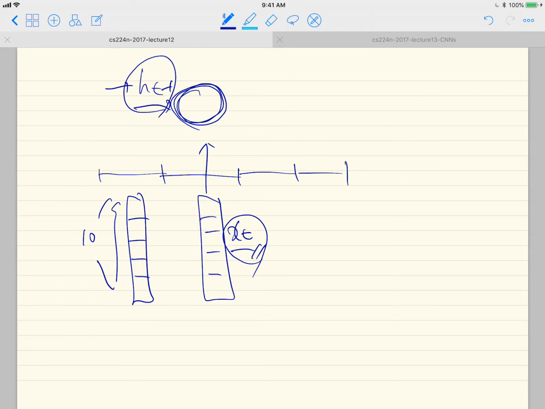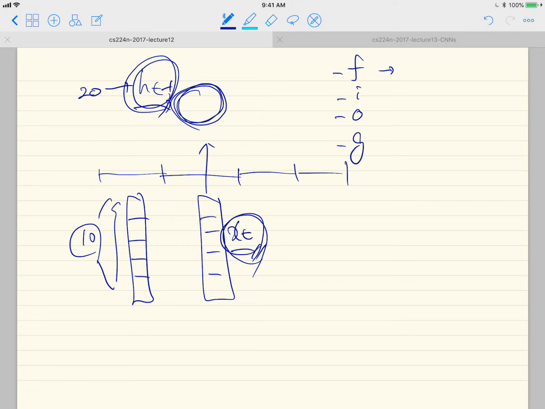Suppose this one is maybe 20 dimensions, and this one is 10 dimensions, and in the case of an LSTM, we have to generate IFOG. So that is a linear combination of h_t-1 and x_t, and then IFOG. What is the dimension of each vector?